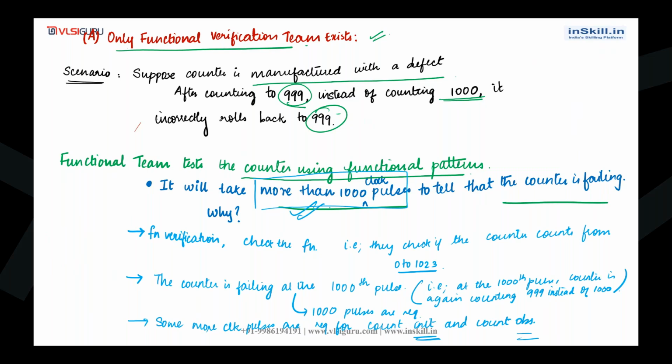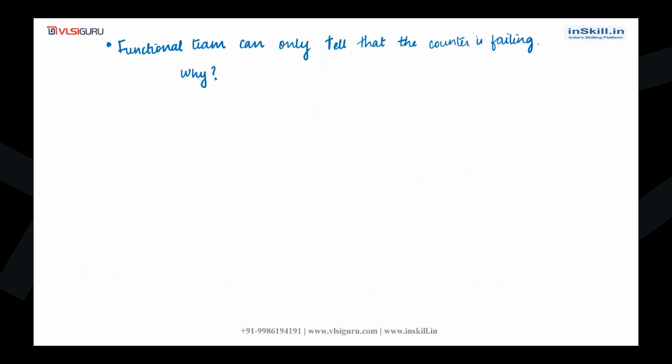That's why the functional verification team will take more than 1000 clock pulses to tell that the counter is failing. And the functional verification team can only tell that the counter is failing. The reason is that they check the functionality.